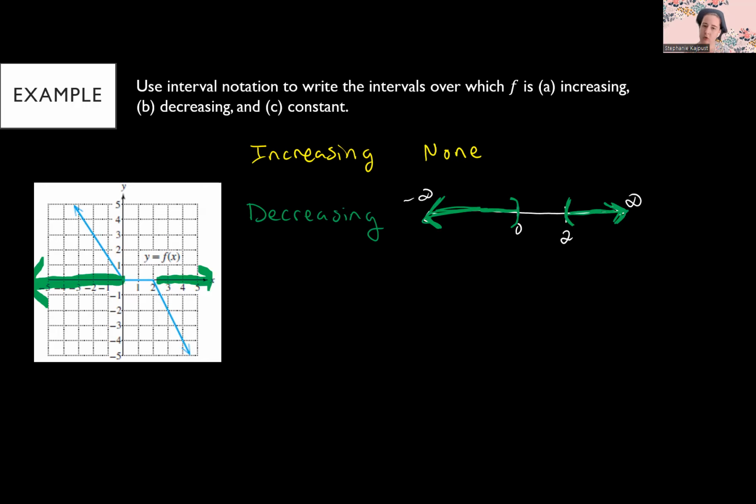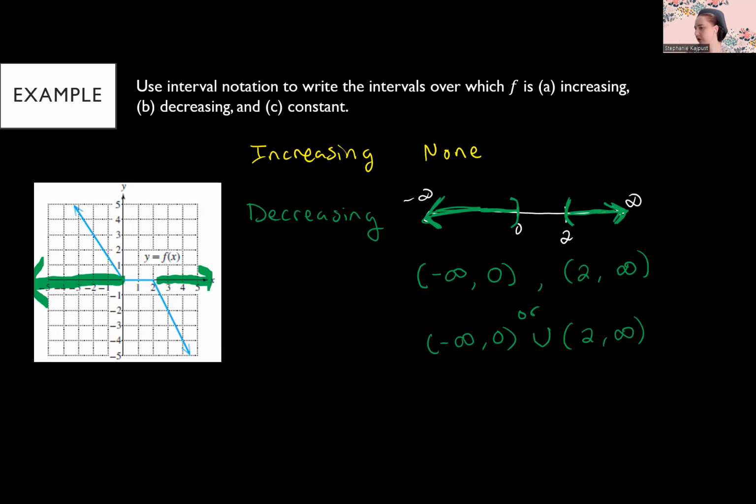There are two ways that you can write your answer. You could use a comma between them: negative infinity to 0, and 2 to infinity. Or you can use a union symbol: negative infinity to 0, union 2 to infinity. It depends on what Alex is letting you put in, because it will specify that if there are multiple intervals, put in a comma, or they'll give you the union symbol.